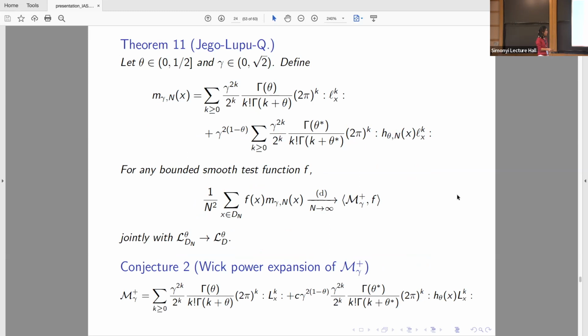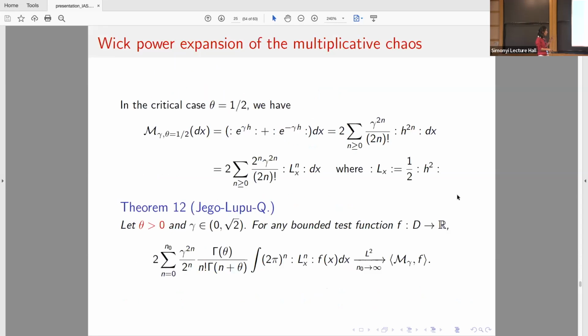And the second part, the odd terms, cancel with each other in m gamma plus and m gamma minus. So the actual series expansion of m gamma would be just twice the first terms. And this we can actually prove.